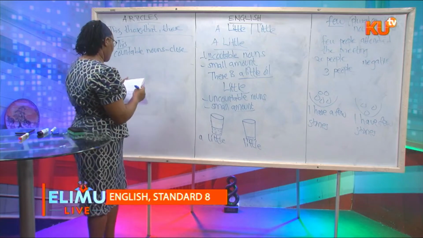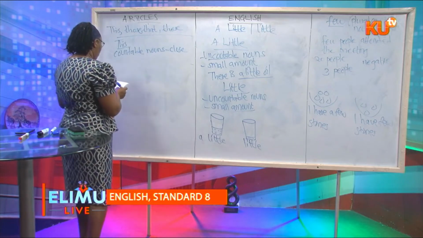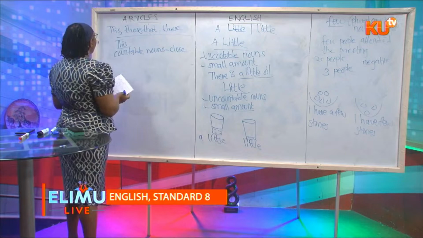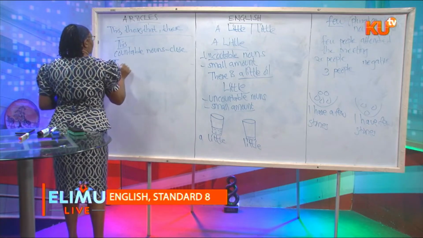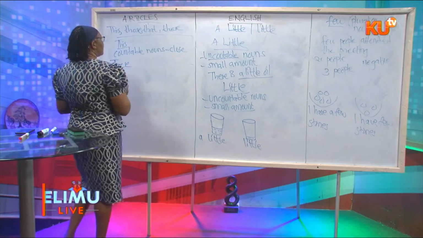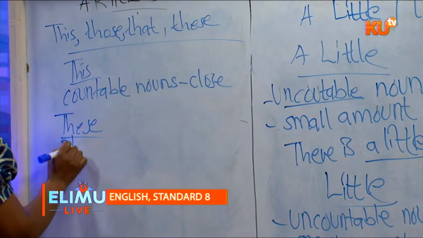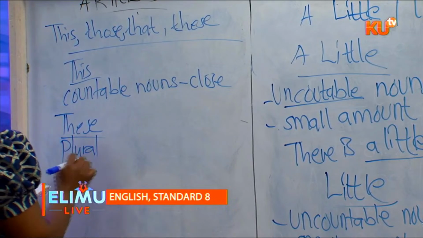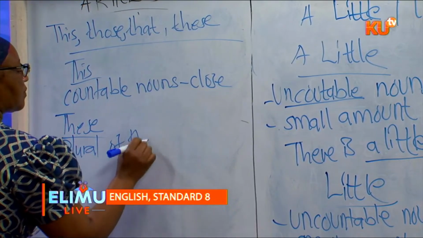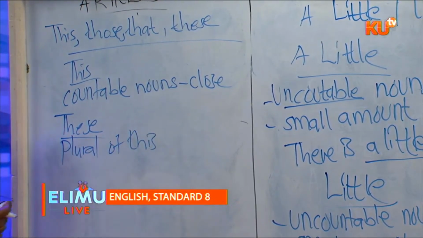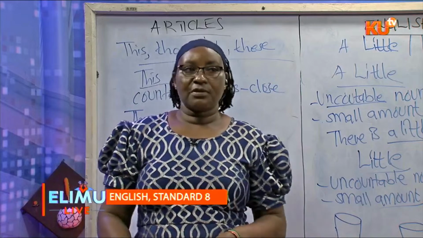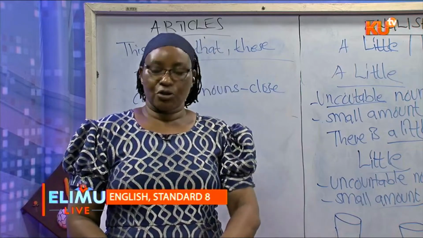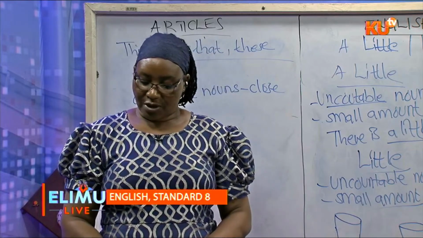Then we have the determiner these. These is the plural of this, and it is still used with items or things which are close to the speaker, but when there are many.